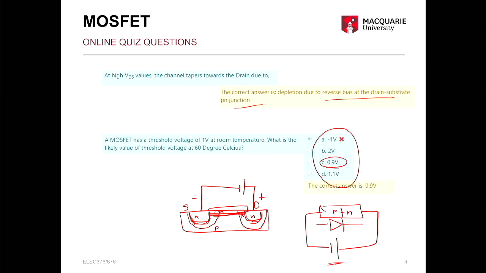It can't decrease to negative, because to form an N channel, you need to repel the holes and attract electrons. No negative voltage can do that, right? So for an N-channel MOSFET, the threshold voltage VT is always positive. In a P-channel MOSFET, the VT is always negative. You need a negative voltage to attract the holes and repel the electrons in a P-channel MOSFET.